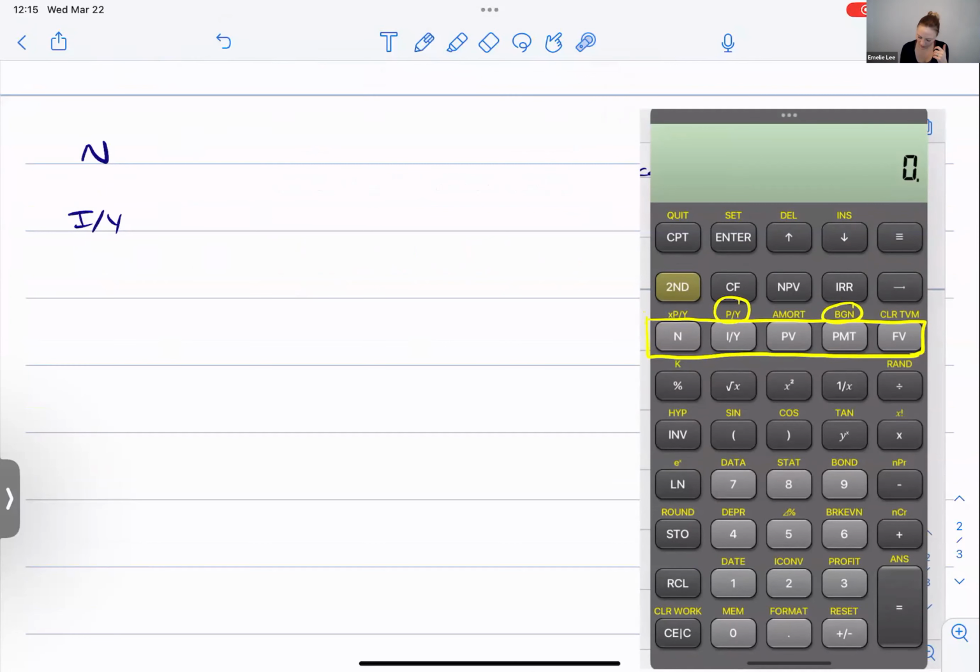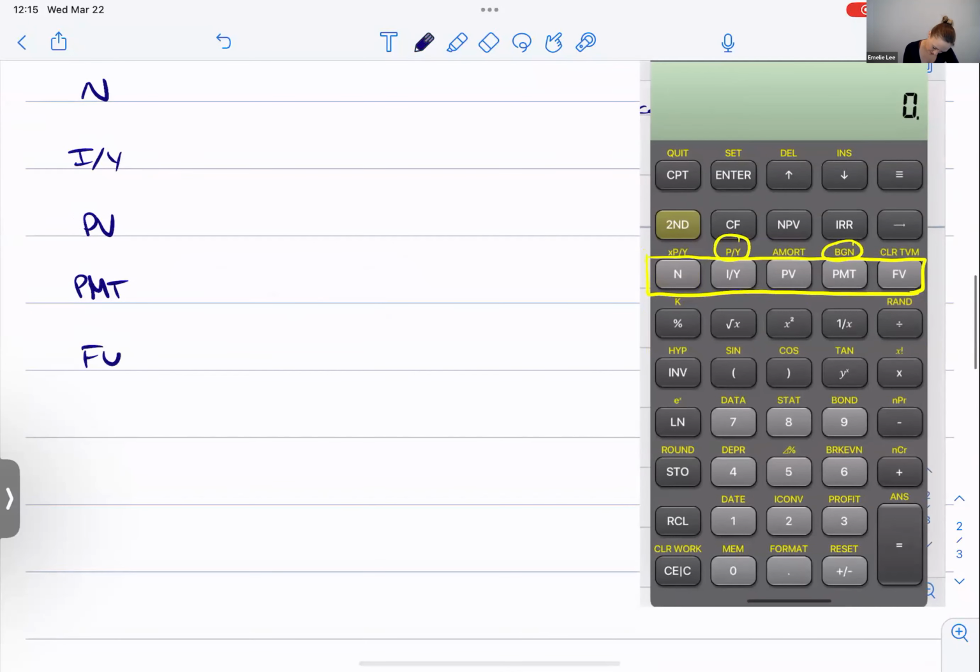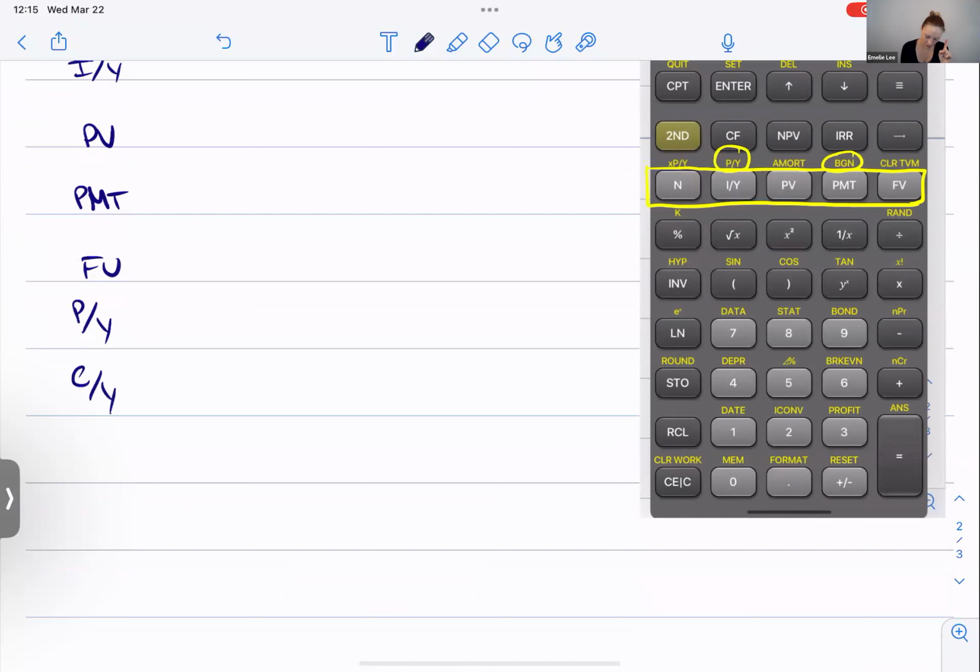So I'm moving across and listing the values: the interest per year, the present value, the PMT, the future value. Then if I go into second, payments per year, the first thing that appears is the payments per year. Then you scroll down to the compoundings per year, and then we're going to have the mode, beginning or end.